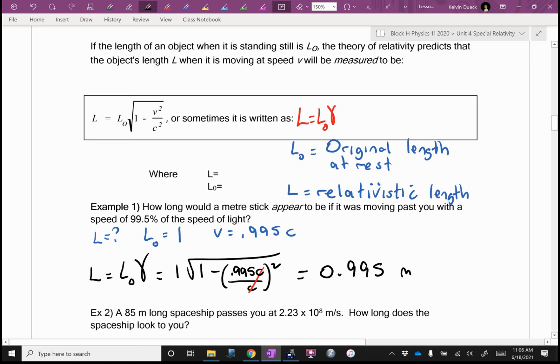This meter stick would actually appear to you to be only that long, but its height wouldn't change. So what you would see is all the writing smooshed together, really, really skinny. And there would be no experiment in your universe where this would not behave as though it was 0.1 meters long.